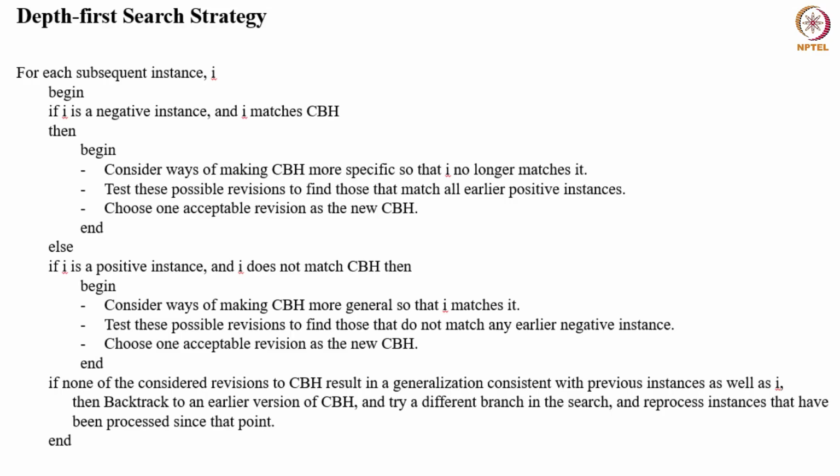Finally, in the pseudocode, you can see this section where we discover that we cannot find a suitable revision, which means that the probable situation is that we made a wrong choice at an earlier point among all the alternatives we had. So therefore, we need to backtrack to an earlier decision point.